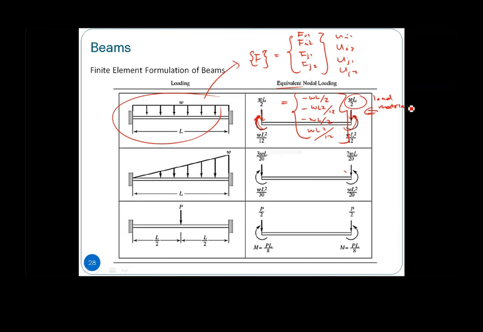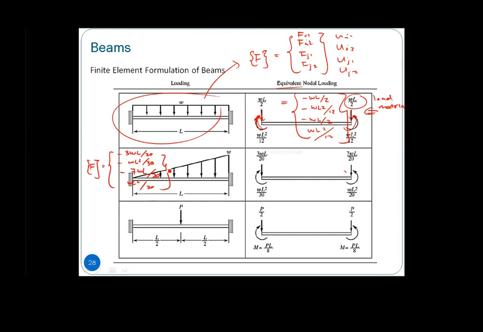Right. Sorry. So that basically gives us our so-called equivalent nodal loadings. If you have a triangular load like this, then the equivalent nodal loading, again we write it as F equals negative 3WL over 20, negative WL squared over 30, negative 7WL over 20, then plus WL squared over 20.